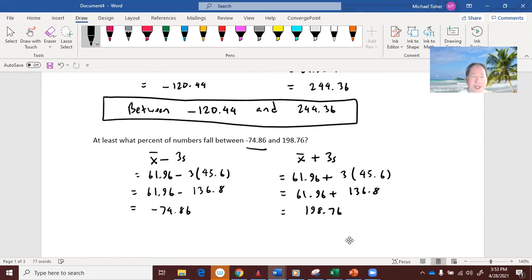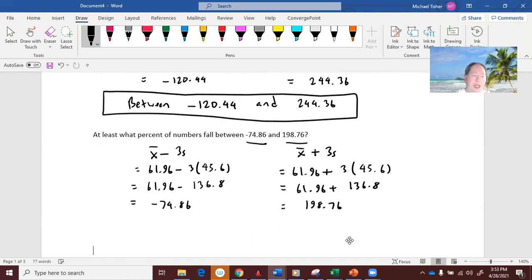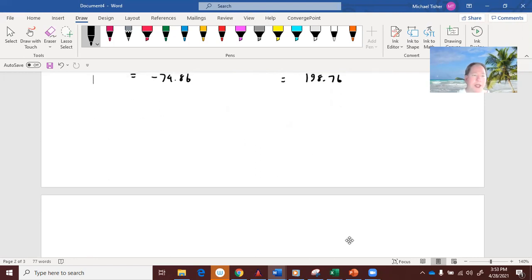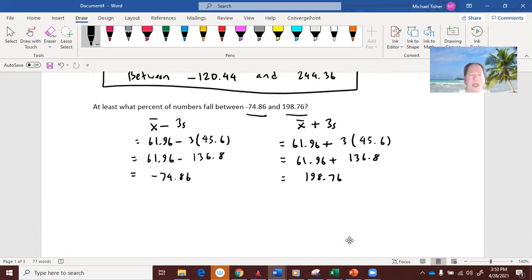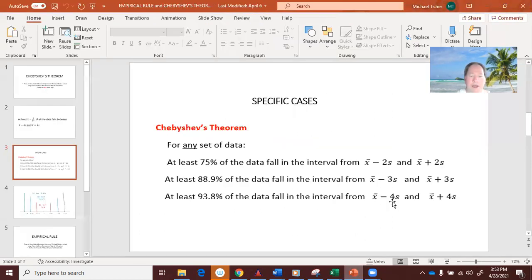Pretty cool, wasn't it? All right, so since that matches with what's given, then our guess is right. And so we can definitely say at least, and whatever it is that corresponds with 3s, let's review what that is. So for 3s, that deals with at least 88.9%. And so at least 88.9% is the answer.